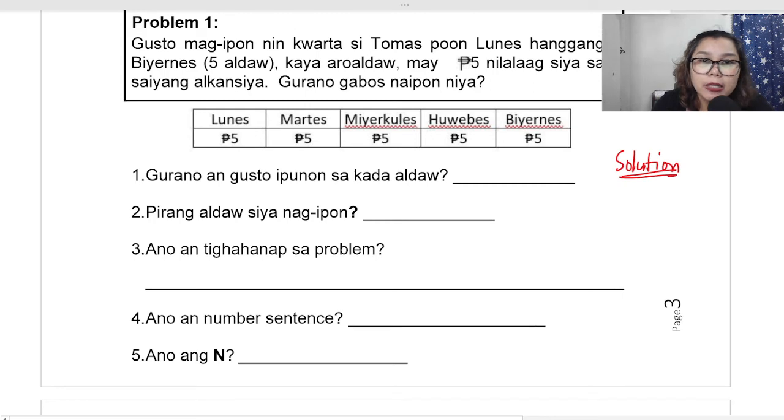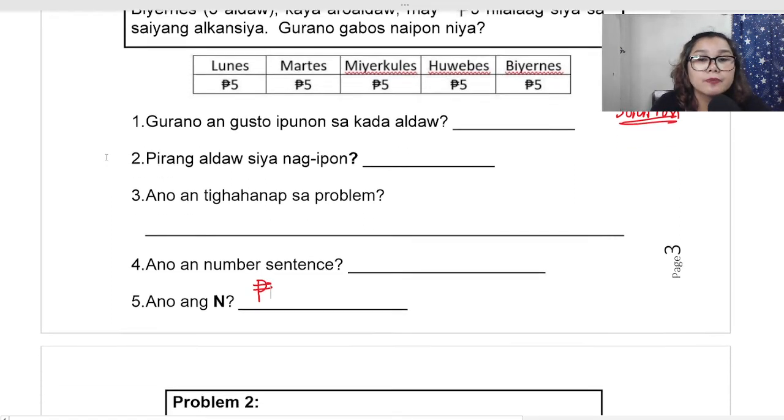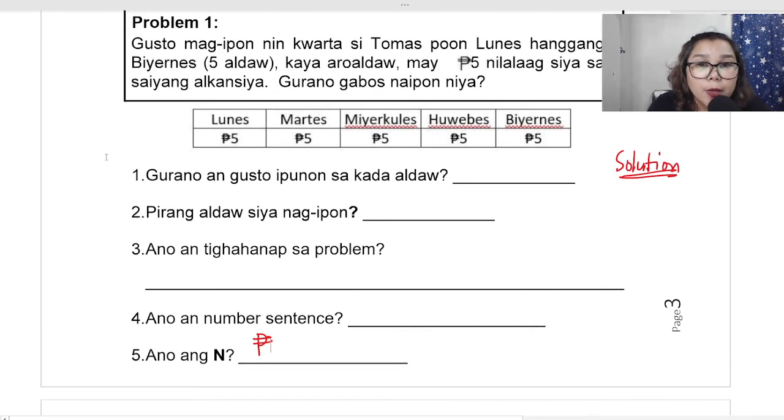Or simply, you can count by 5s. That's the easiest. Then write your answer for number 5. Take note, we are talking about money, so don't forget to put a peso sign so it is understood that it is money, not the tables or the chairs. Pause this part before you proceed with another word problem.